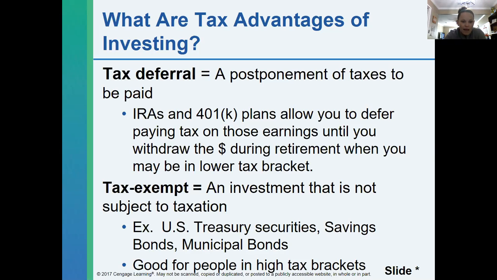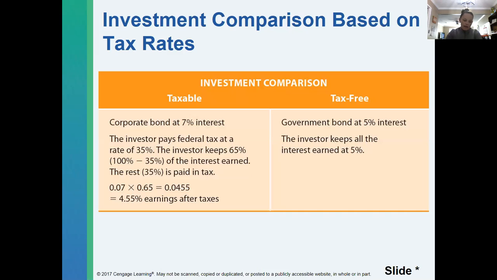And then this last slide for today is just an example, an investment comparison. On the left, we have a taxable investment. If you buy a corporate bond at 7% interest, and the investor, that's you buying it, pays federal taxes at a rate of 35%, that means you would keep 65% of the earnings.